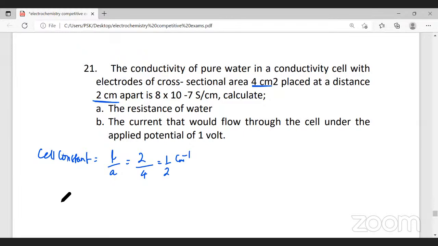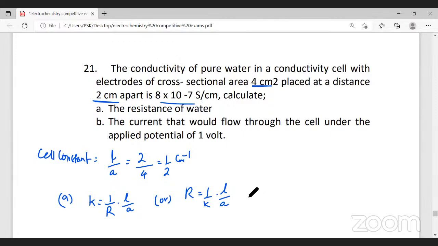Now, the first part of the question, they're asking you to calculate the resistance. Now, I know that specific conductance is 1 by R into L by A. So R we can write as 1 by specific conductance into L by A. They've given you the specific conductance as 8 into 10 to the power minus 7 Siemens per centimeter.